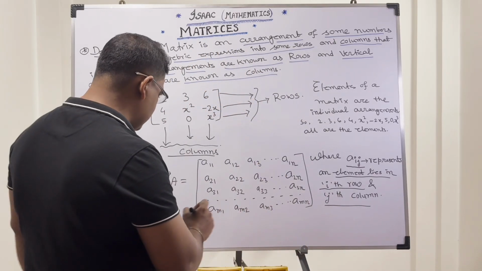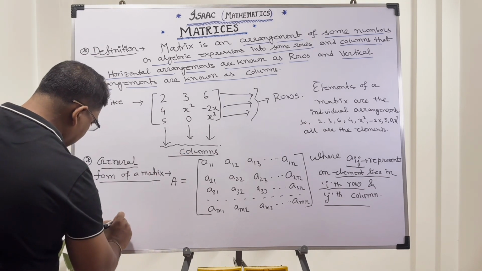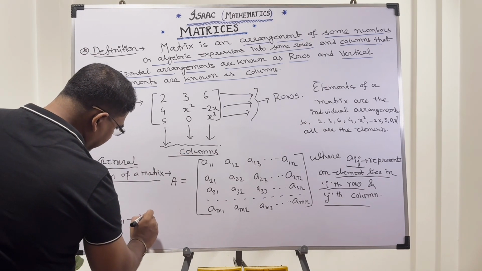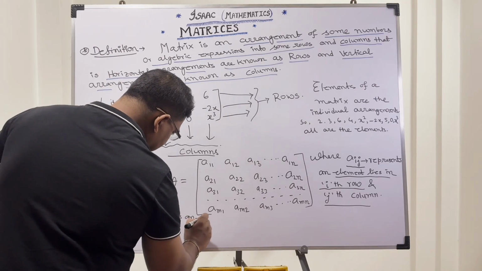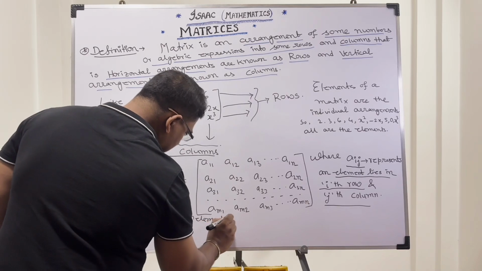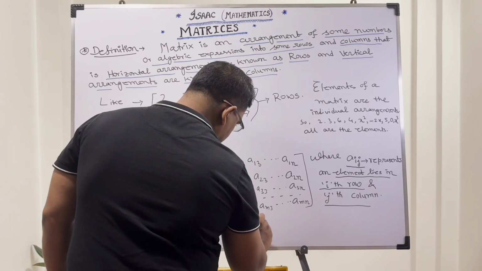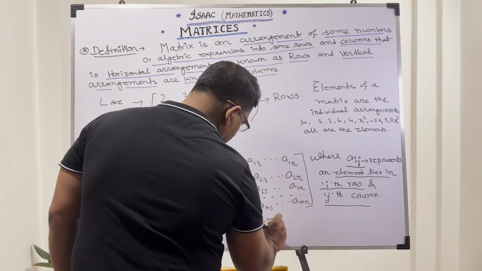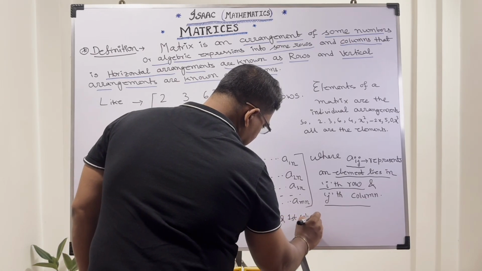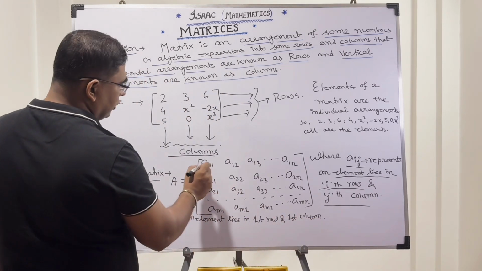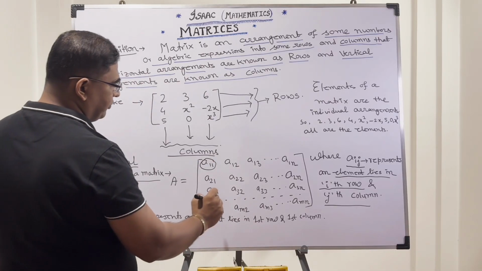Okay. So A11 represents an element that lies in the first row and first column. Okay, so A11 is the element of the first row and first column.